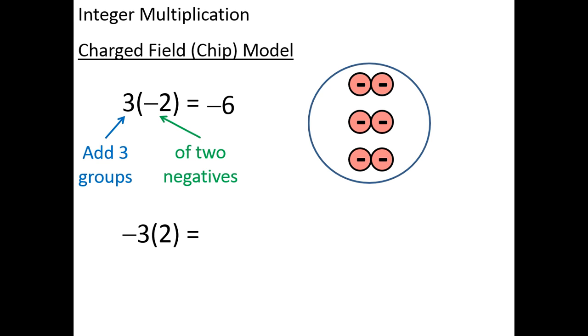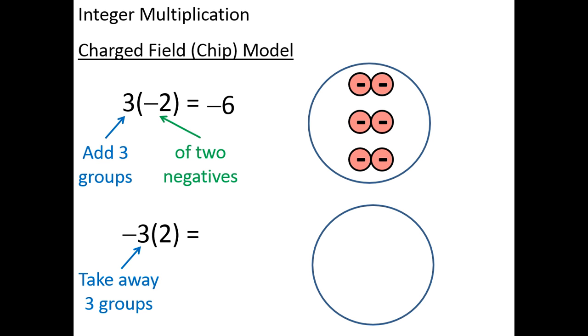If the first factor is negative, then instead of adding 3 groups into our field, we can think of it as taking away 3 groups of 2 positives in this case. Now if you think about what the field looks like, it doesn't have any charges in it, and we need to take away 3 groups of 2 positives.